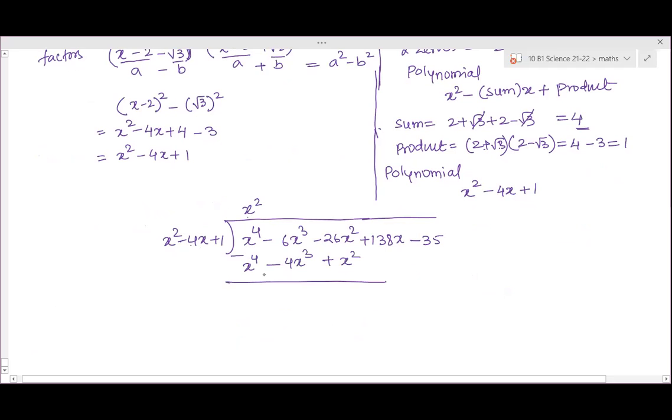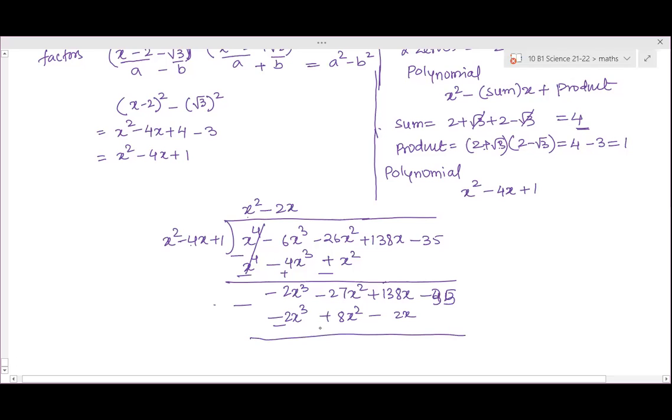Subtract, minus 2x cube minus 27x square plus 138x minus 35. So minus 2x is the quotient: minus 2x cube plus 8x square minus 2x.